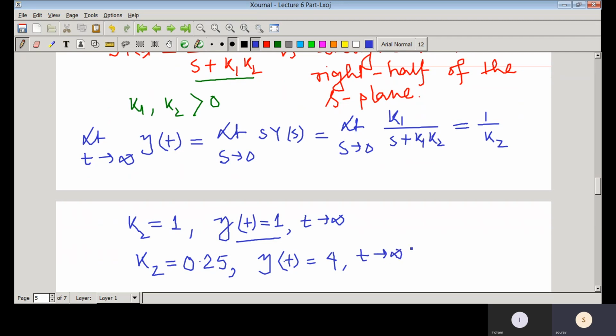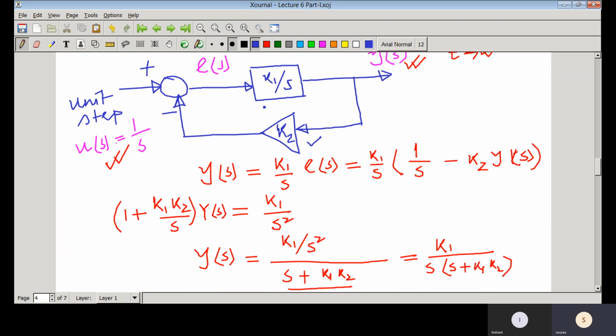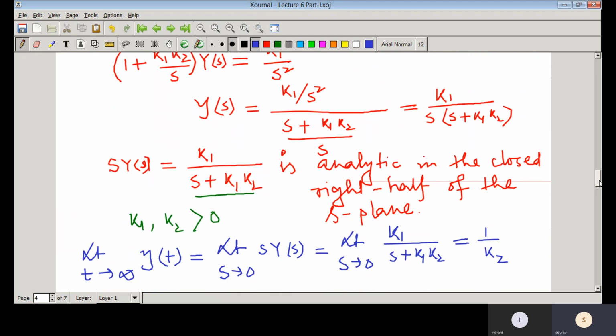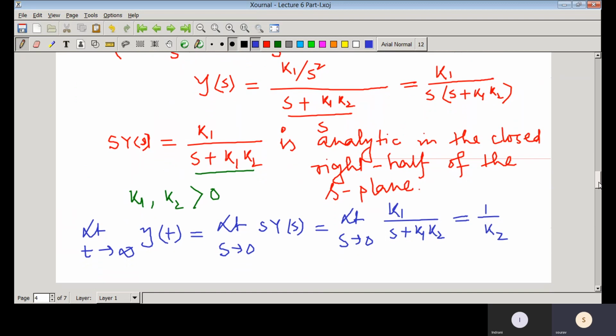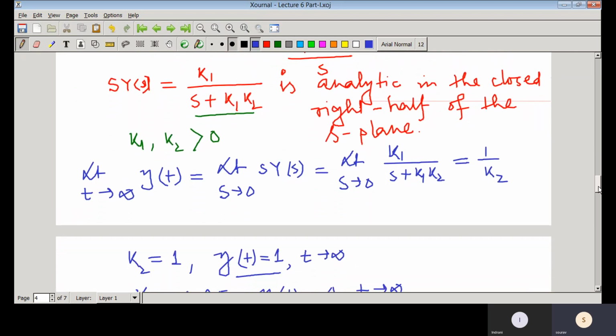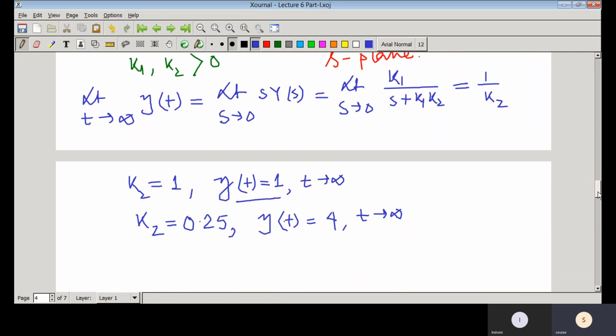So from this example you have learned two things. One is the effect of K1 and K2, that is, the effect of feedback in a closed loop control system. The second is how to find the steady state value of the control variable when t tends to infinity just by applying the final value theorem.